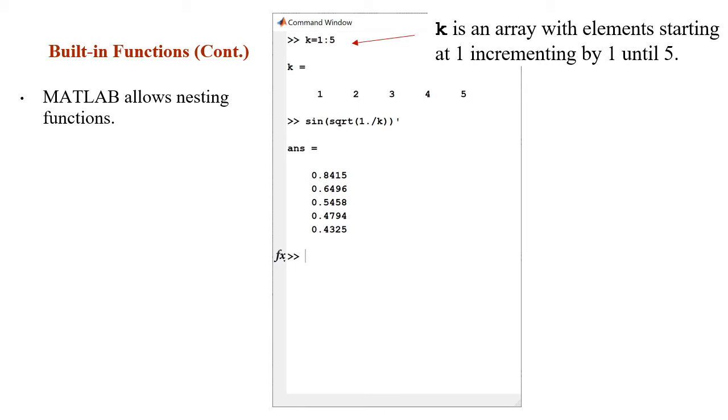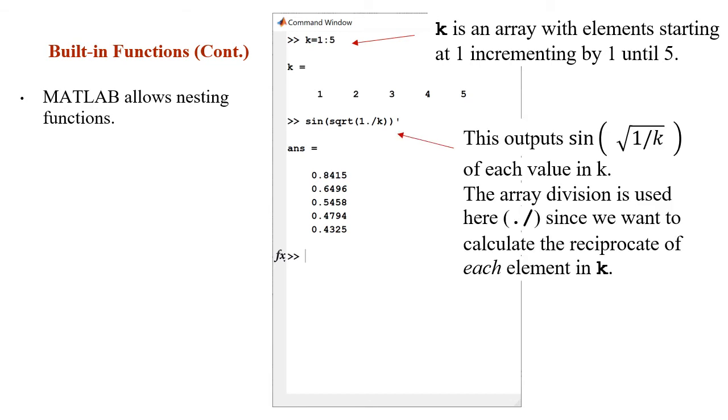Then the output of that goes to an input for the sine function, and then the result, we applied the transpose operator to it. That's why the result is a column vector, whereas k is actually a row vector. And the reason why we have it as a column is because of applying the transpose operator.